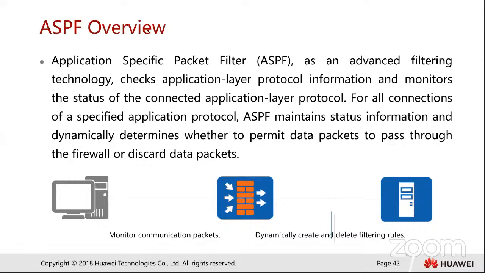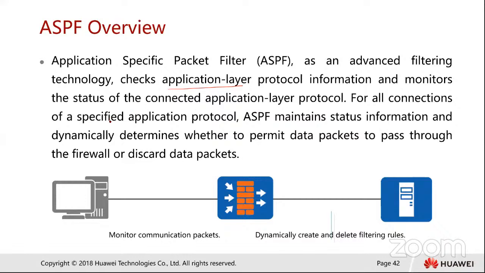So we want to look at ASPF, which we are calling the application-specific packet filter. It is an advanced filtering technology that checks application layer protocol information and monitors the status of the connected application layer protocol.